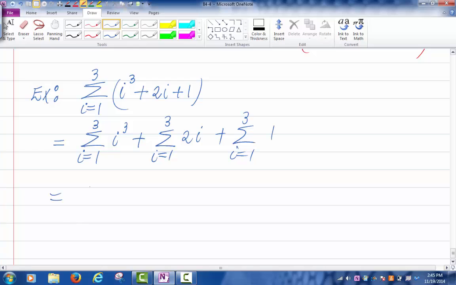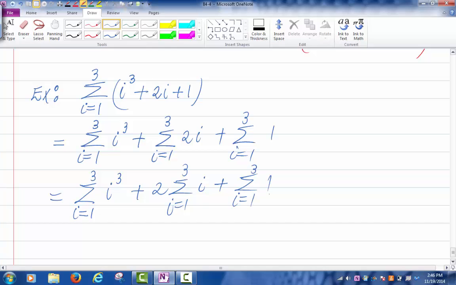Notice that this is the sum i going from 1 up to 3 of i cubed, plus 2 times the sum i going from 1 up to 3 of i. So now I'm applying property number 1: if I have a constant factor, I can take it outside of the sum.